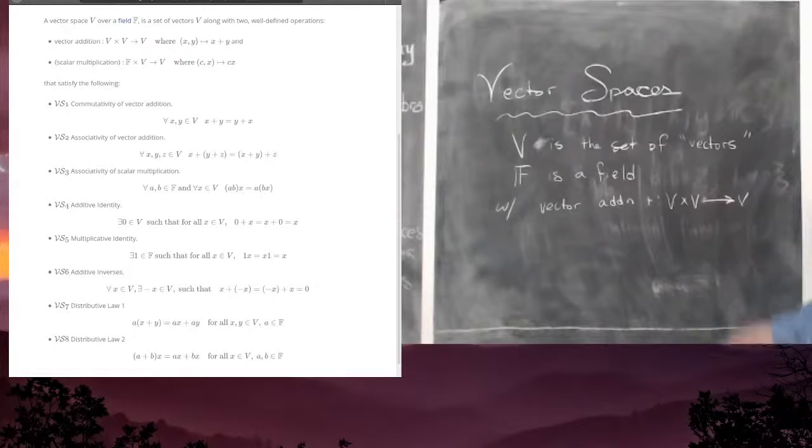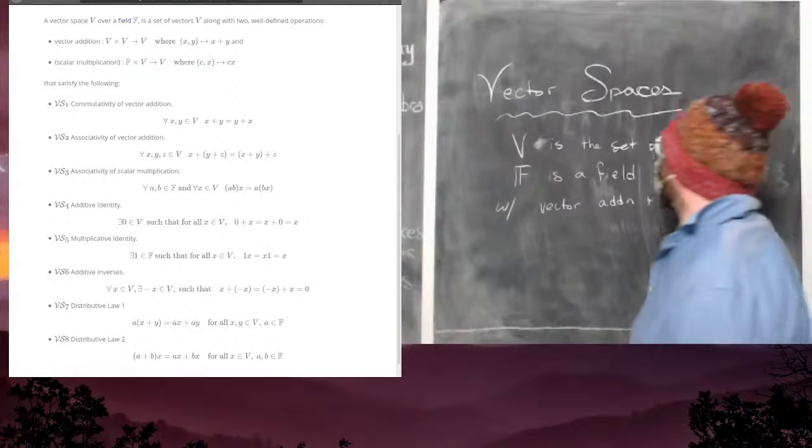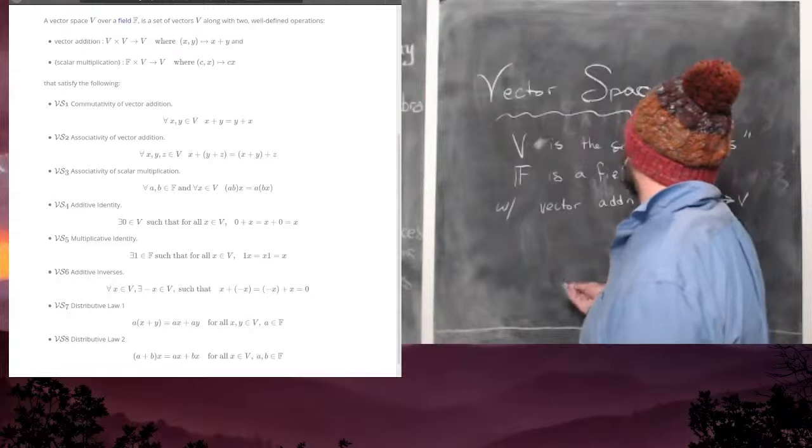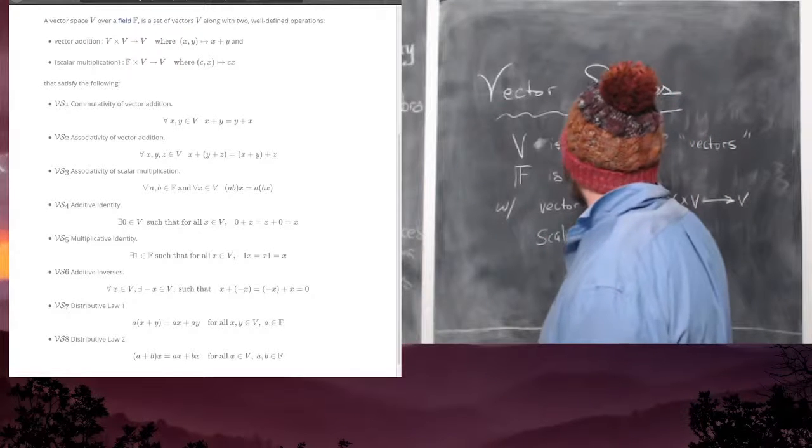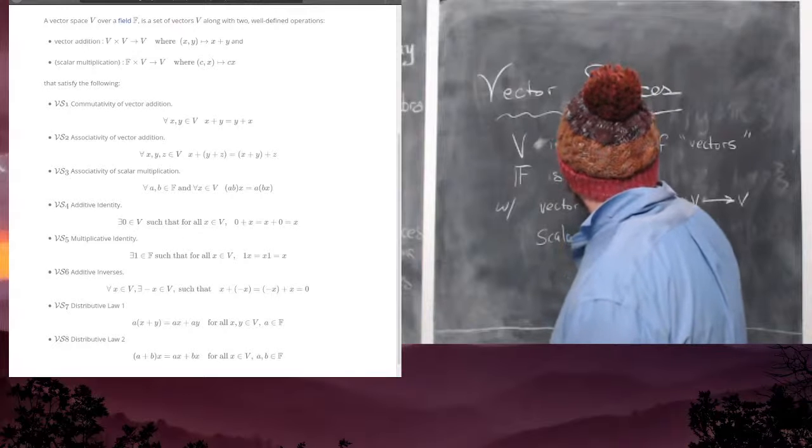And in most cases, this is exactly what you would think it would be. If this is all really weird, maybe calculus is a good idea. And then we also have scalar multiplication.